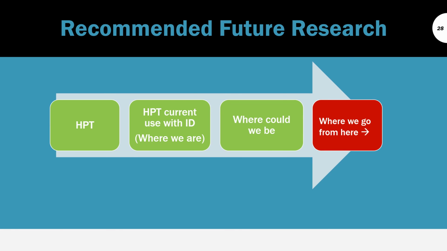So far, we have discussed how HPT is currently used in instructional design and the potential applications of human performance technology in instructional design. So where do we go from here?